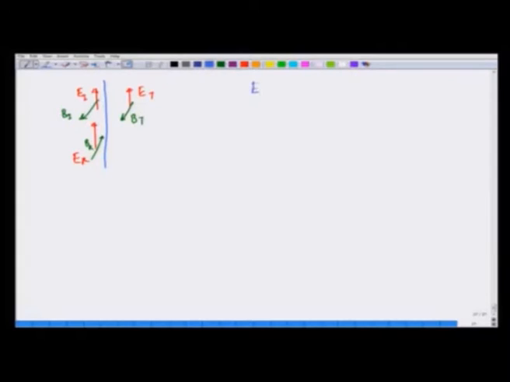The two equations are E incident plus E reflected is equal to E transmitted, that is my equation 1, and the other equation is B incident, with B reflected in the other direction, minus B reflected is equal to B transmitted, that is equation 2. But now I know from my electromagnetic theory that B incident is nothing but E incident divided by V 1 in that medium, minus B reflected is nothing but E reflected over V 1 in that medium. This should be equal to E transmitted over V 2 in that medium.